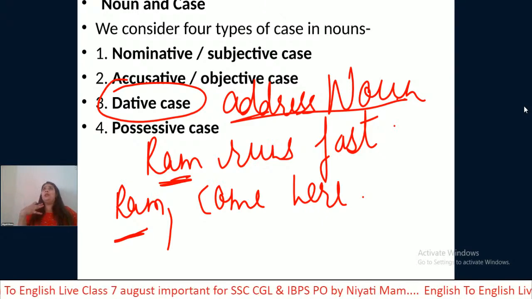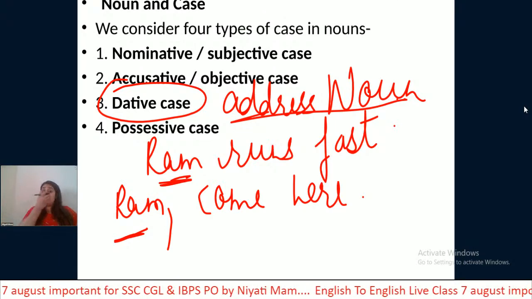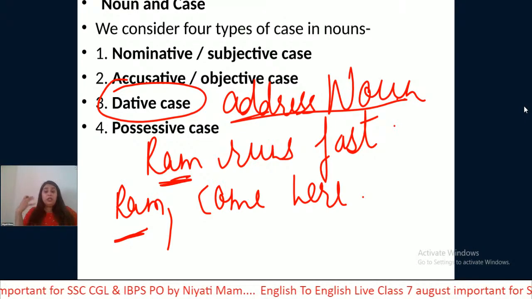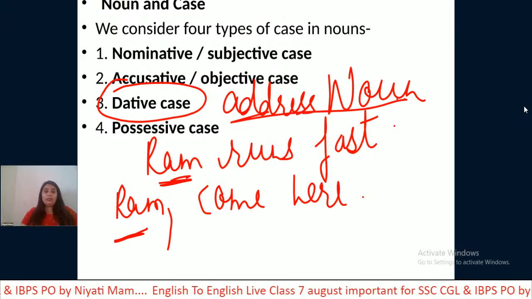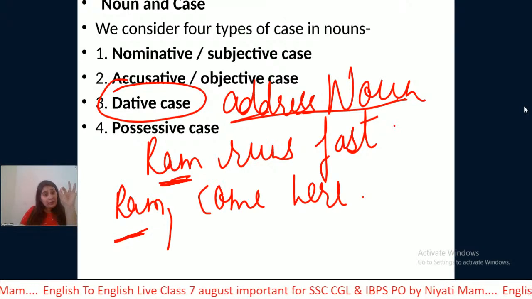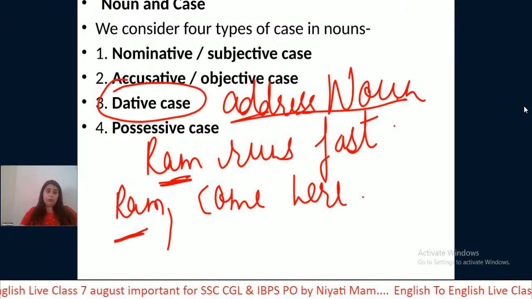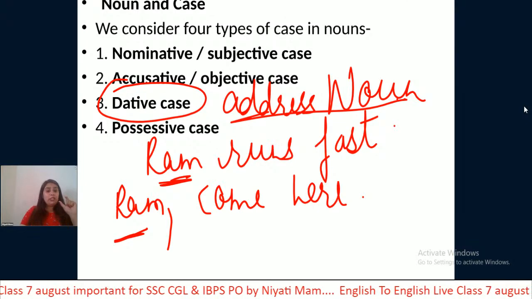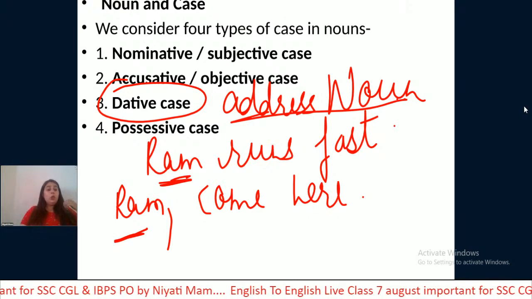For example, whenever any famous politician or leader starts his speech in English, how does he start? Ladies and gentlemen. So he is addressing the people who are listening to him.